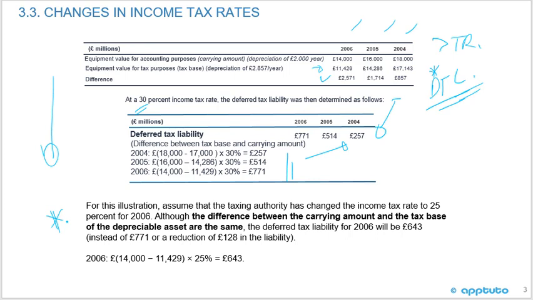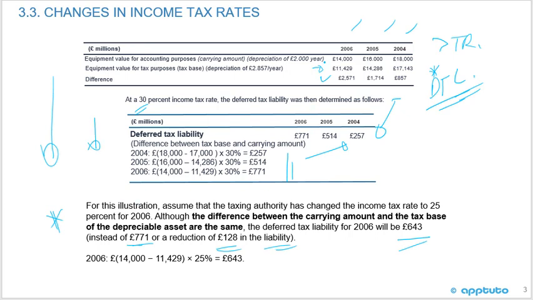So for this illustration, assume the taxing authority has changed the income tax rate now to 25% for 2006. Although the difference between the carrying amount and the tax base of the depreciable assets is the same, the deferred tax liability for 2006 will be 643 instead of 771, which is a reduction of 128 in the liability because the tax rate went down from 30% to 25%.